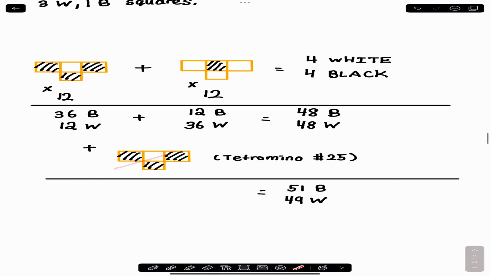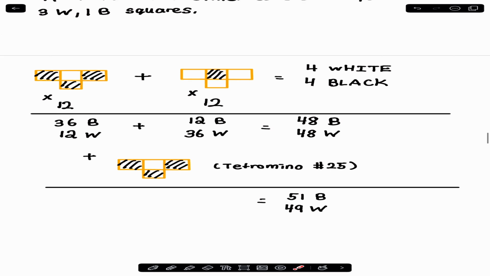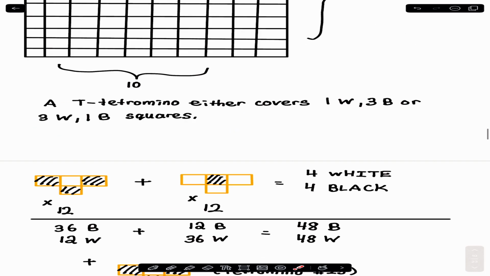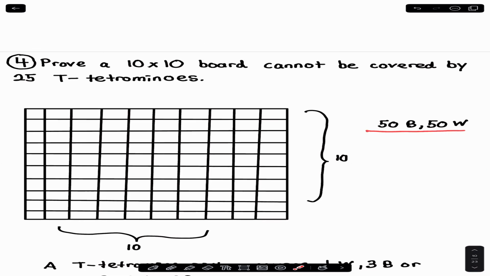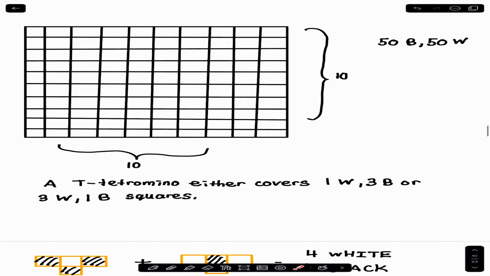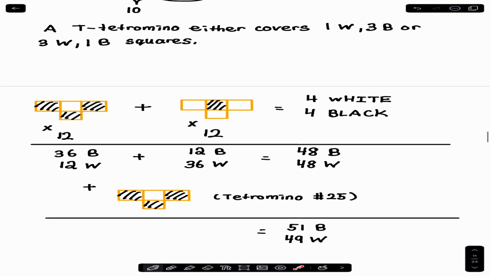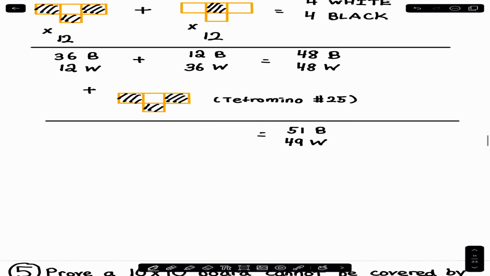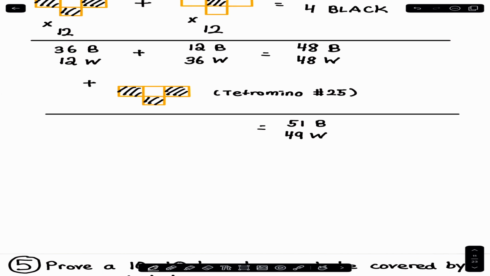And if we did it the other way around, it doesn't have to be this one. Let's say we use this one, then we would have 51 white squares and 49 black squares. Doesn't really matter which one you use. The point is 51 of one color and 49 of another is not what we want. We want 50 of each. So, therefore, let's spell that out. This is a contradiction.